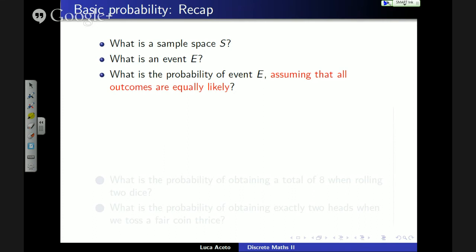I throw an unbiased die. Each of the possible outcomes has probability 1/6. But what if the coin is not unbiased? It has a bias. In that case, I think the theory that you've seen so far does not apply.